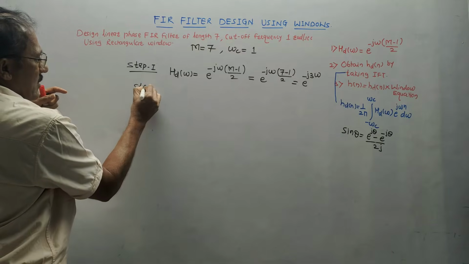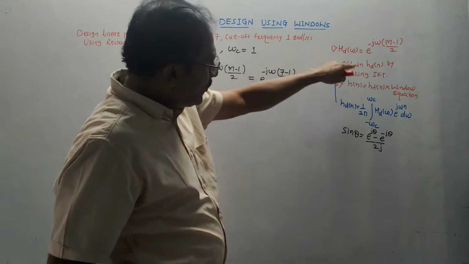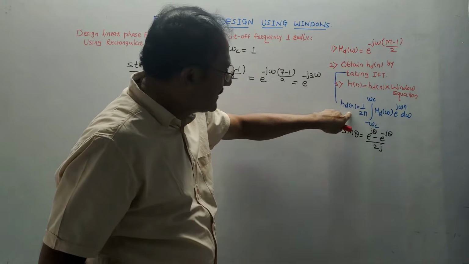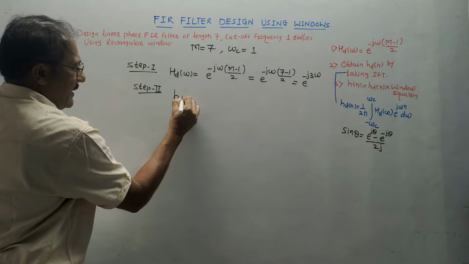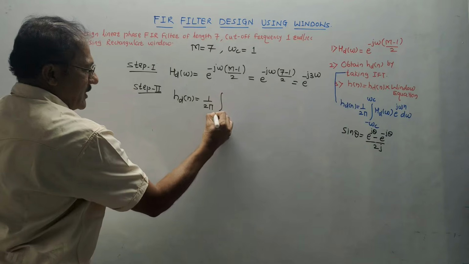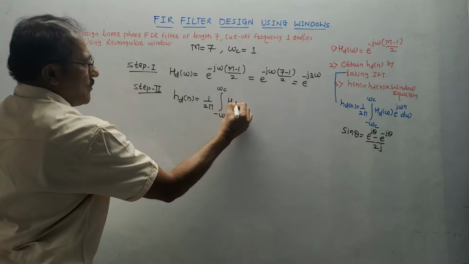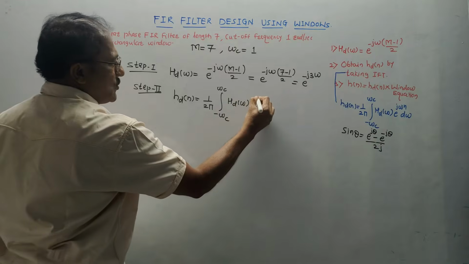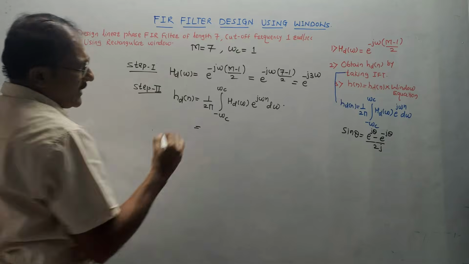Step 2. In step 2, I am supposed to calculate the inverse Fourier transform. This is the formula to calculate the inverse Fourier transform. So first I will write the formula. HD of n is 1 by 2 pi integration from minus omega c to plus omega c of HD of omega e raised to j omega n d omega. We have to put in the given values.